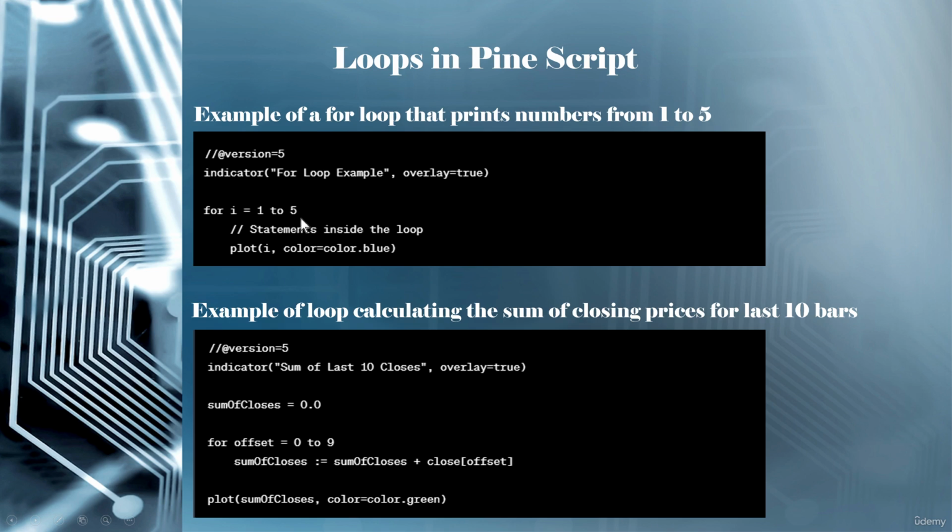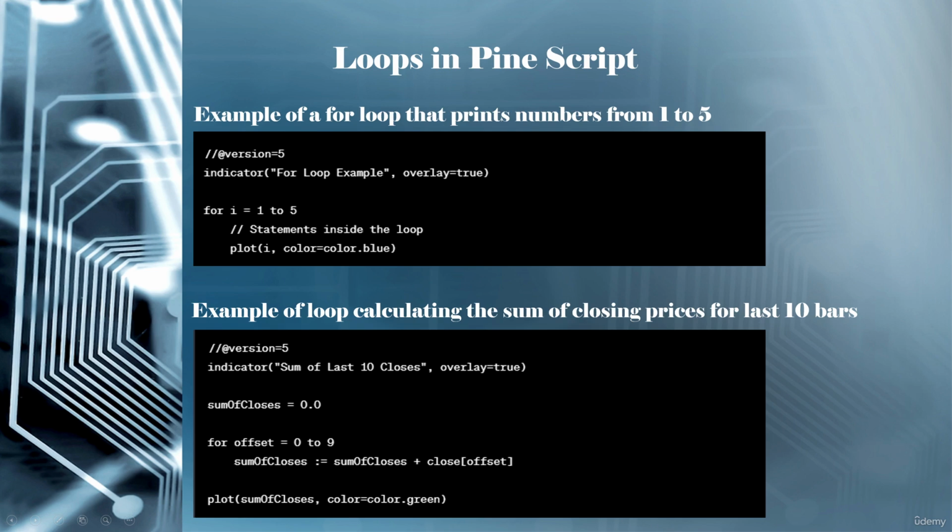We have here, as you see, 5 iterations, and for each iteration we plot this value of I identifier. So this is how the loop works in this example.